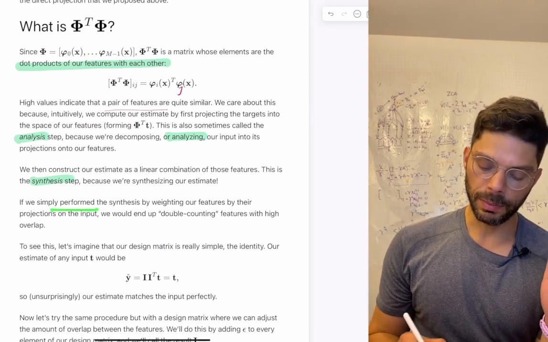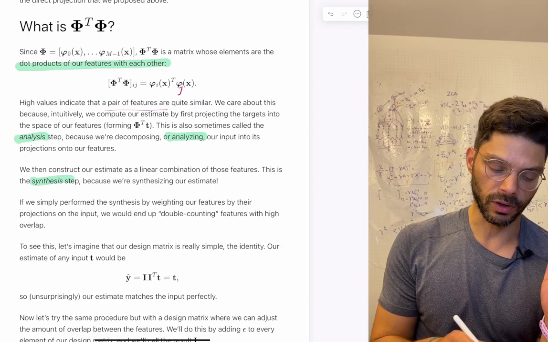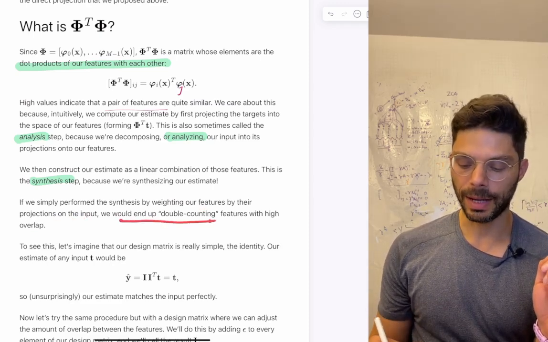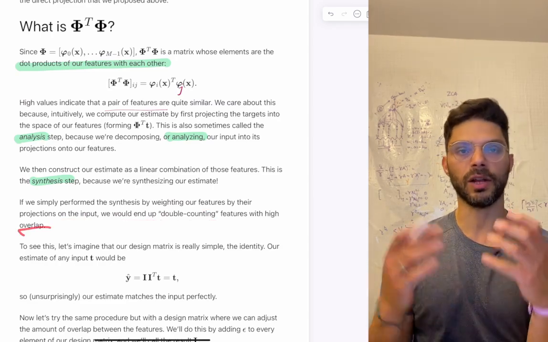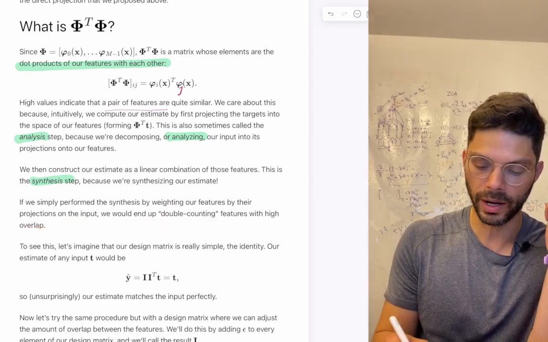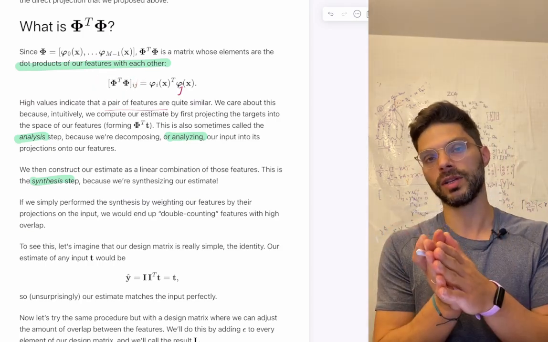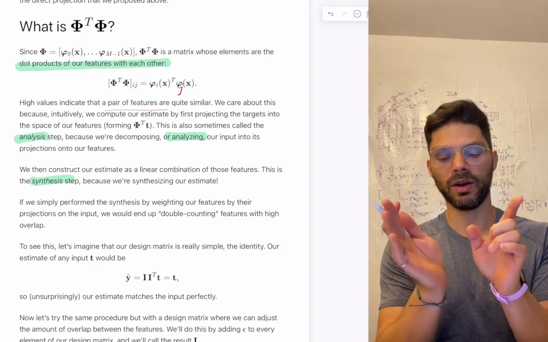Now, if we simply perform the synthesis by weighting our features by the projections on the input, we would end up double counting features with high overlap. That's the whole point, the idea of why we need phi transpose phi, and actually its inverse. Because if you have a couple of features that overlap a lot, they're very similar.